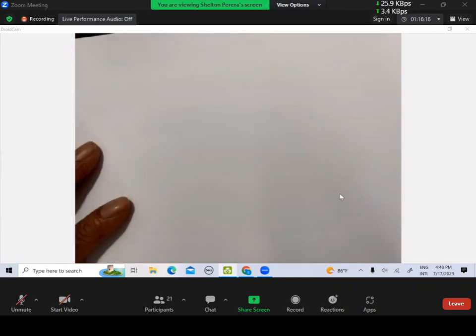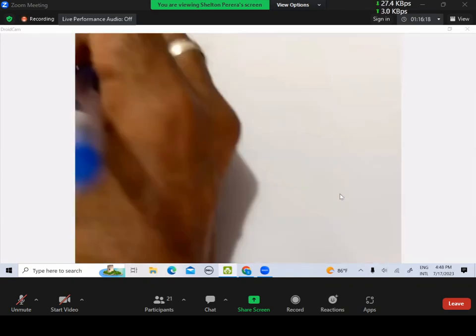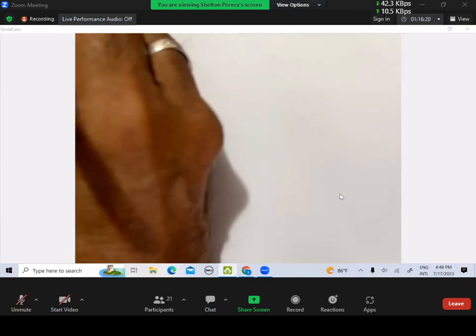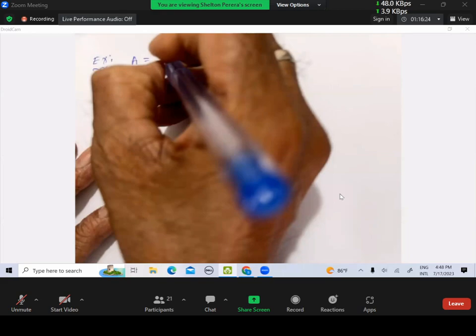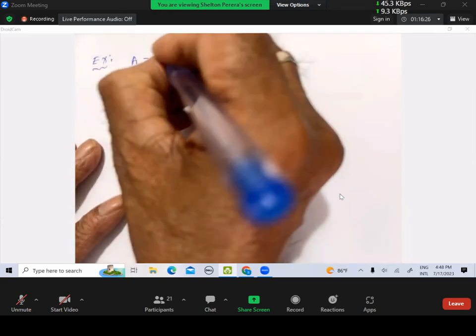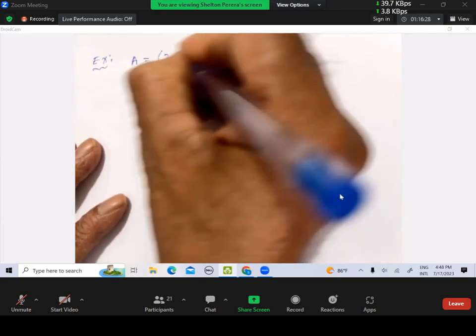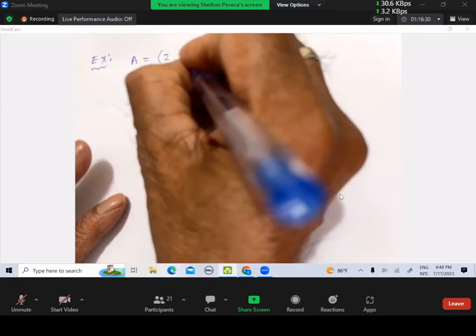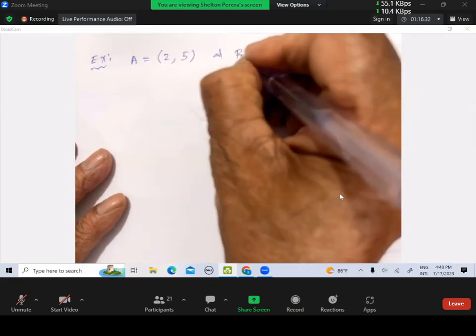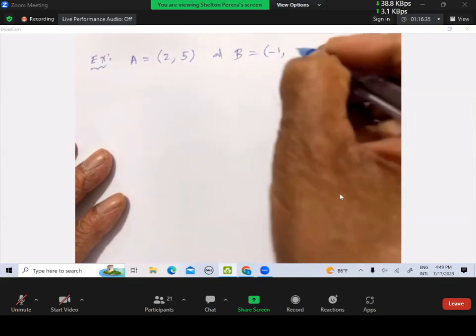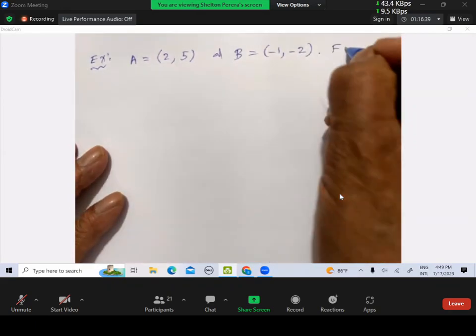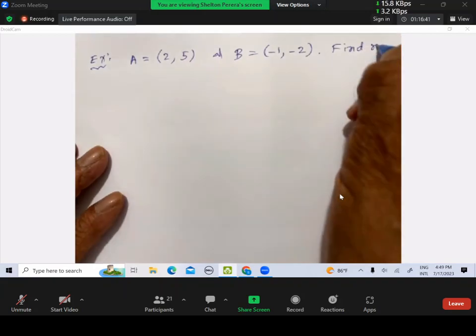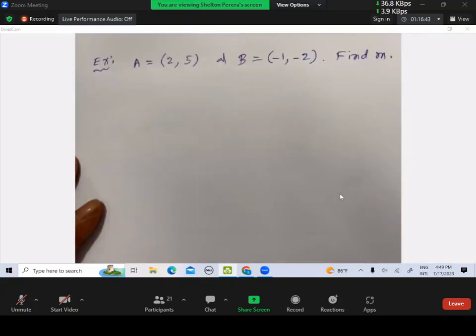So next example for you, you do this and tell me. Next example, A is equal to (2, 5) and B is equal to (-1, -2). Find m. Can you give me the answer?